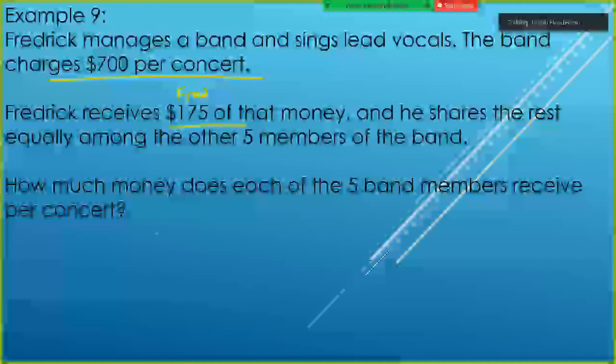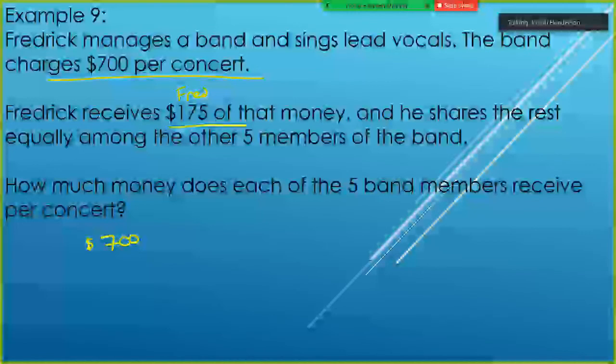So let me try to do this. I read this problem and I think of like $700. Imagine the group just did a concert, so they have $700 on the table, so to speak. Frederick takes 175 of that right off the bat. So imagine that money on the table, stacks of bills right here.